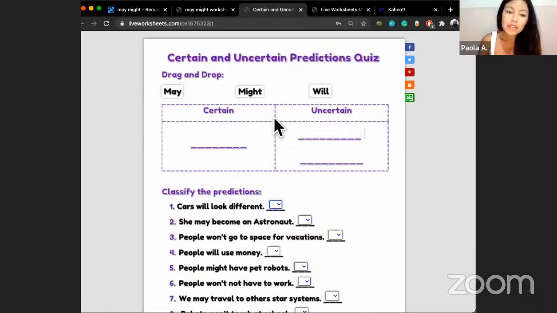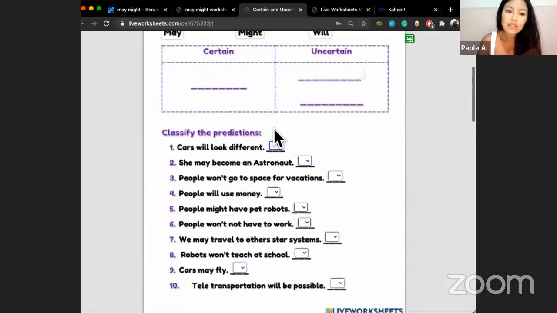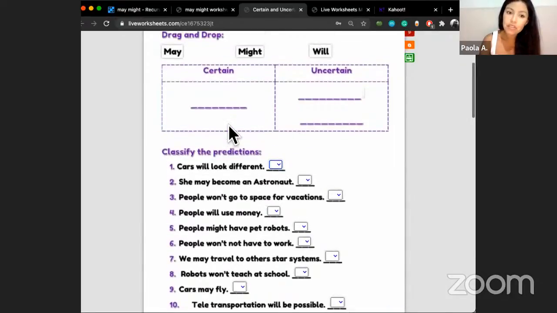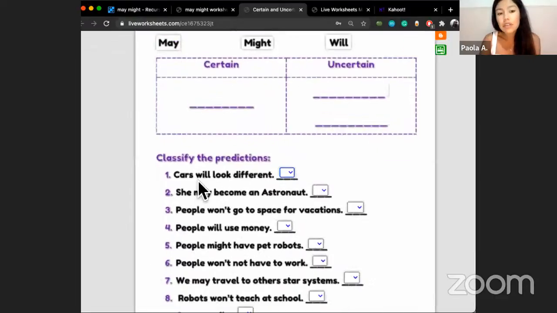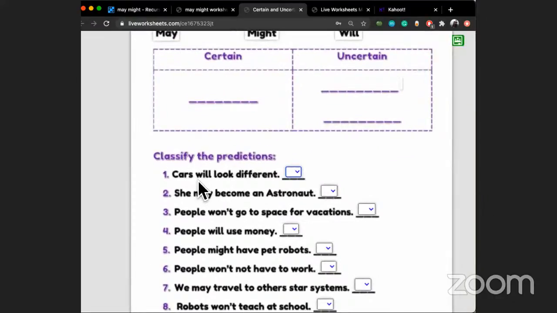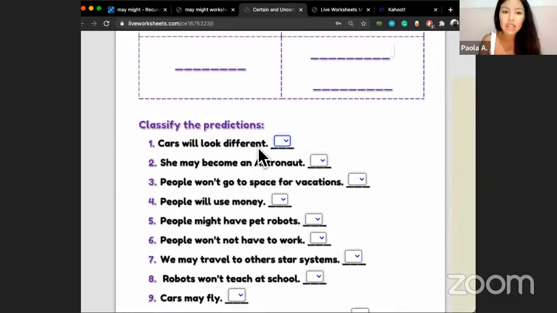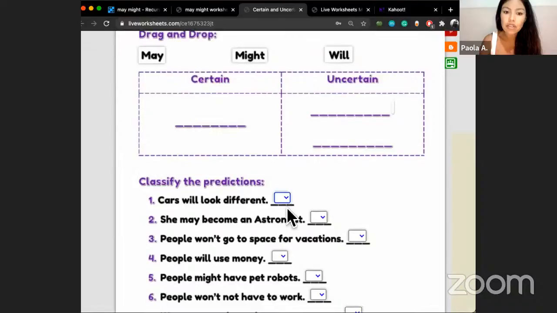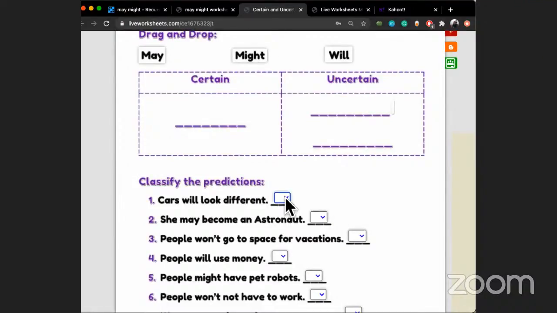So here you're gonna try to classify the predictions. You're going to have many different sentences, and you're gonna try to see if this prediction is certain, you're going to click on C. If it's uncertain, you click on U. Okay.